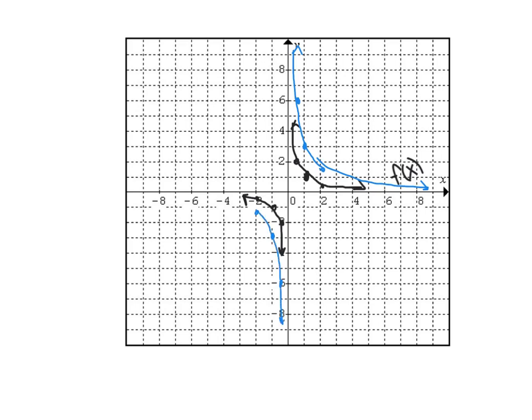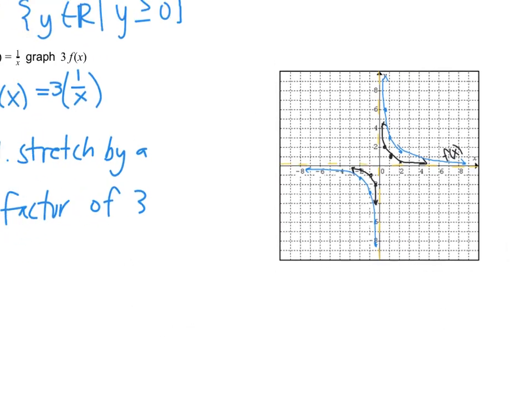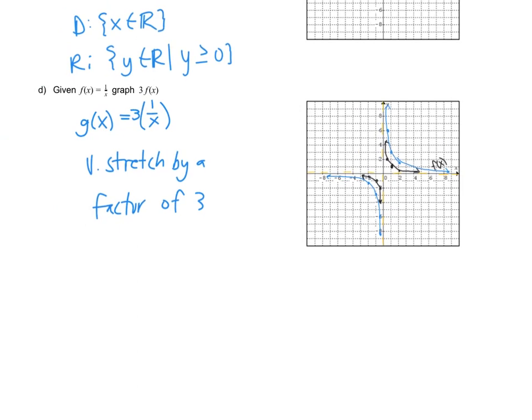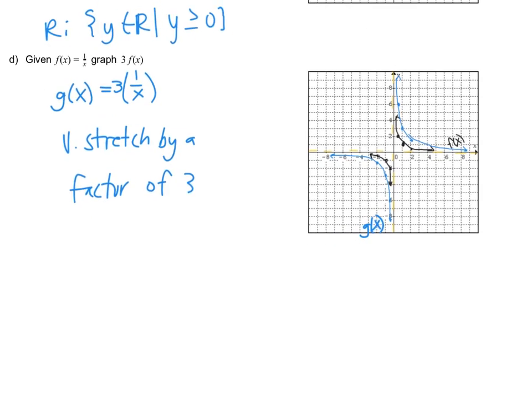And then again, follow your asymptotes, which I didn't draw in, but they are the x-axis and the y-axis. And your asymptotes aren't moving with a vertical stretch or compression or reflection, they only move with shifting. So now we can go ahead and state our domain and range. Oh, and label g of x.